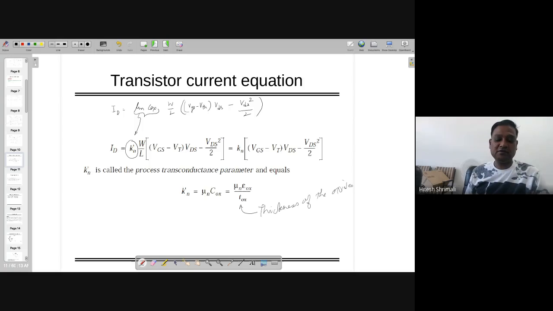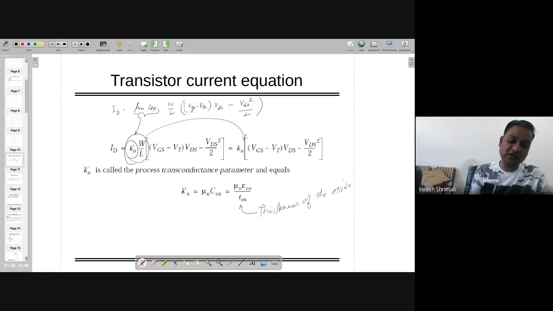In the same way, you can change the PMOS equation, where K will be replaced with Kp prime, (VGS minus VTH) VDS minus VDS square by 2. This is what you can write down. If you combine W by L also, it becomes without prime, and we call it Kn.